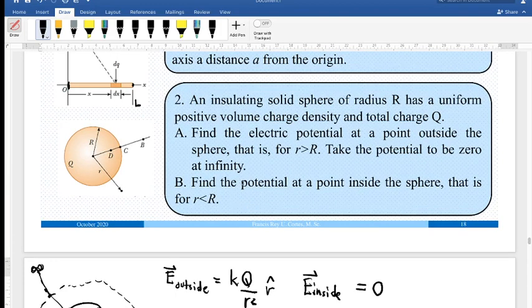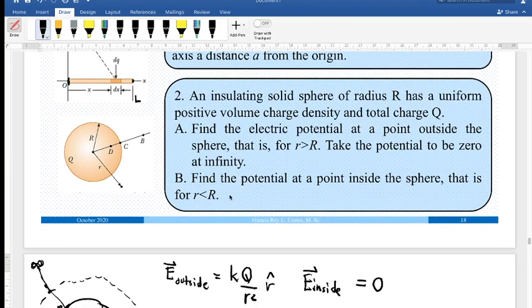So how about this one? An insulating solid sphere of radius r has a uniform positive volume charge density rho, and a total charge q. Find the potential at a point outside the sphere and the potential inside the sphere.